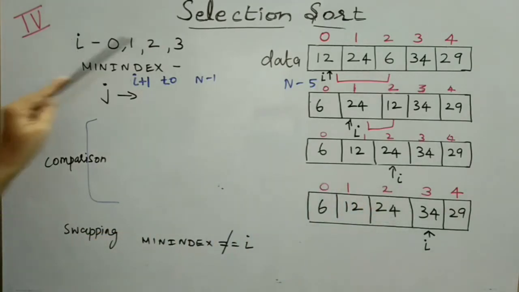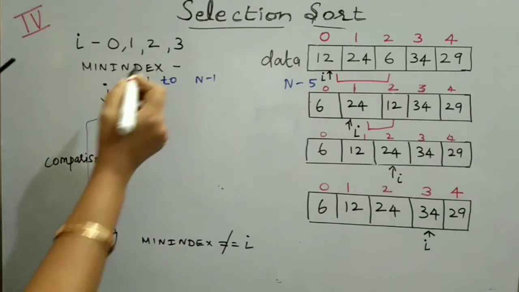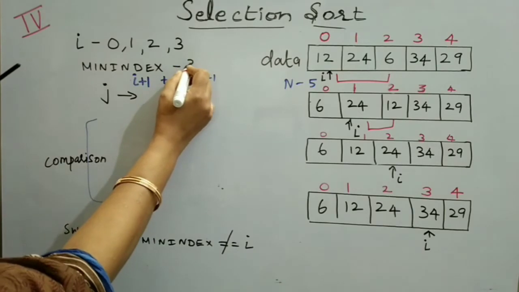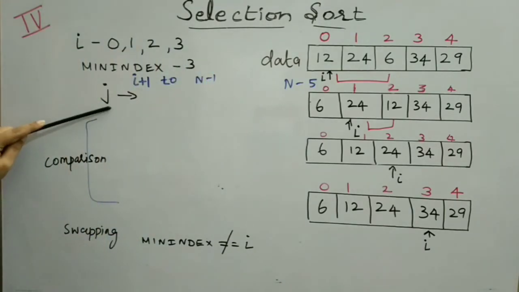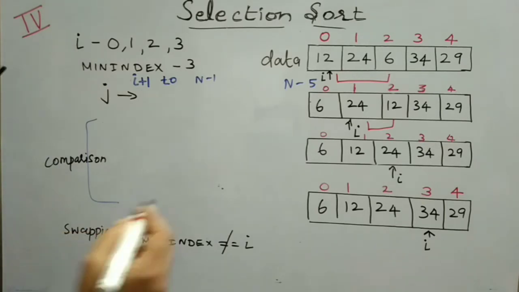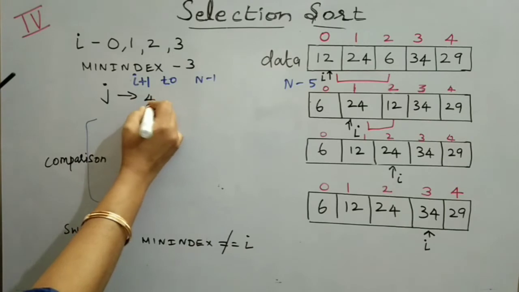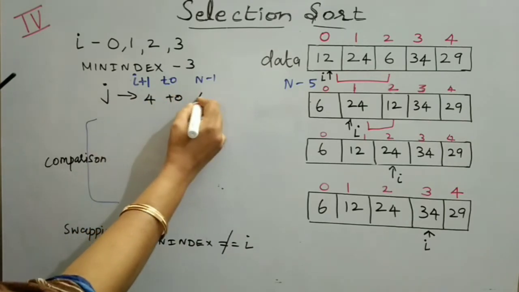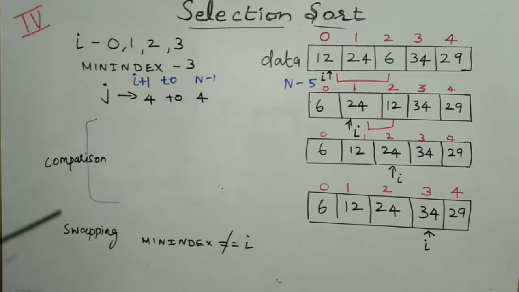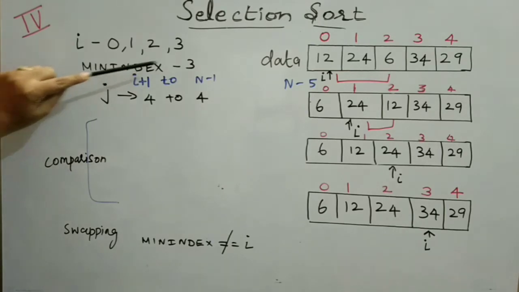So now I becomes 3. Initially minimum index is the value of I, so minimum index is 3. J is the index position of the subsequent element compared with I. The index position is I plus 1, that is 4 to n minus 1, that is 4. So 4 to 4. In the comparison procedure, take the element in the minimum index position.